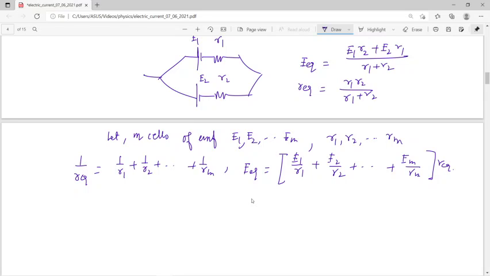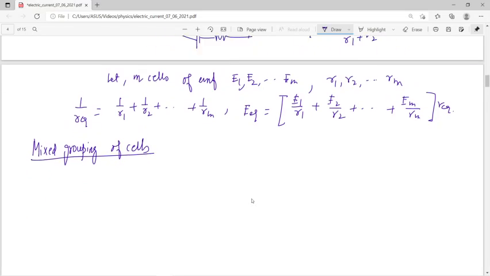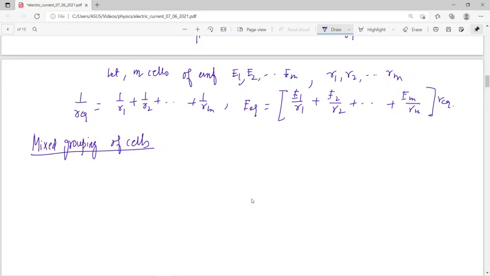And another thing is the mixed grouping of cells. What do you mean by mixed grouping of cells? That means there are series connections that are also connected in parallel.